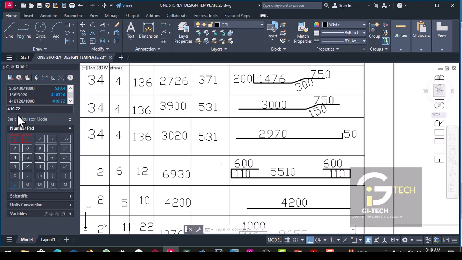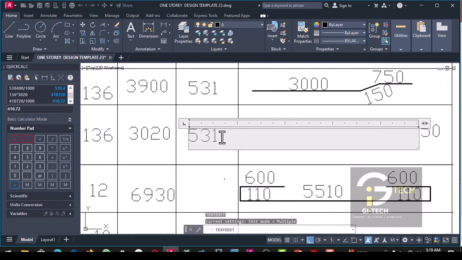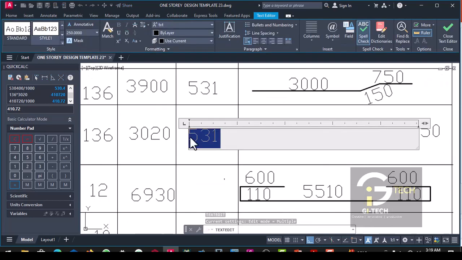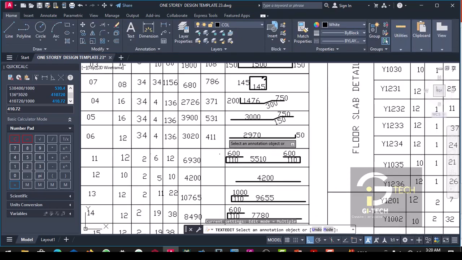Okay, so this will give us 410. So we can pick 411.